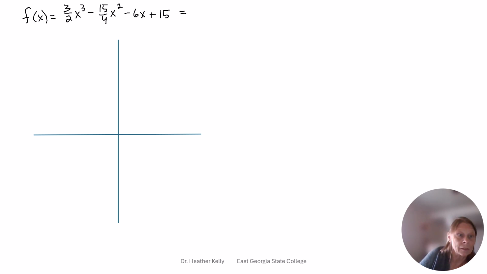I'm going to multiply this guy by 2 over 2, this by 1 over 1, this by 4 over 4, this by 4 over 4. Okay, just reminding you of what I'm going to do here.